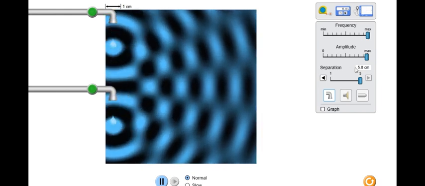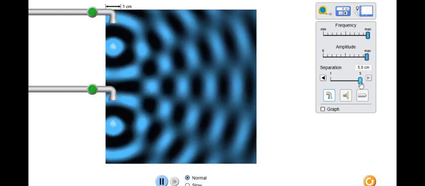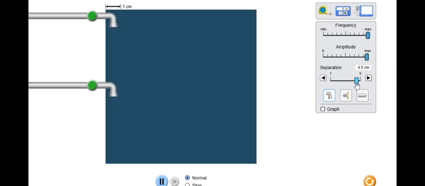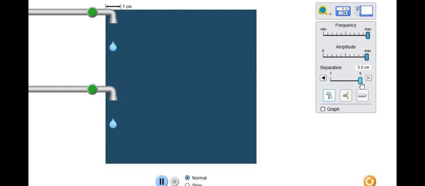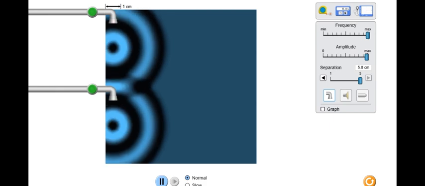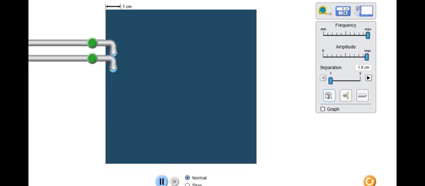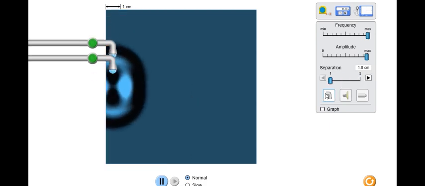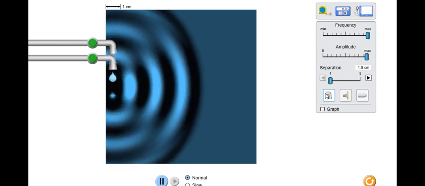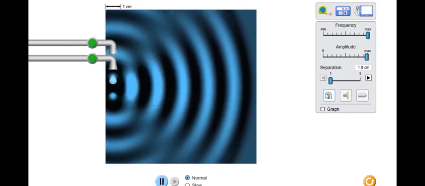And what happens when we reduce the distance of separation of the disturbance? You see what happens now on the wave when we reduce the distance.